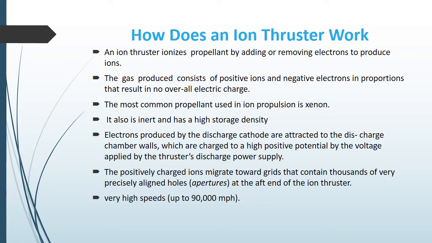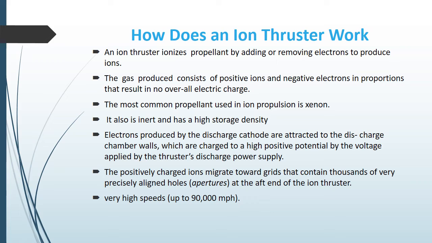Neutral propellant is injected into the discharge chamber, where electrons bombard the propellant to produce positively charged ions and release more electrons. High strength magnets prevent the electrons from freely reaching the discharge chamber wall. This lengthens the time that electrons reside in the discharge chamber and increases the probability of an ionizing event.